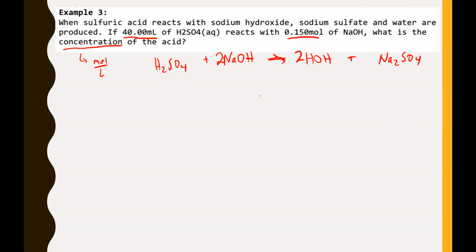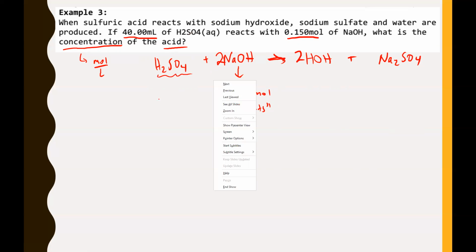No big deal. Now, we do know how many moles of NaOH we have in this case. We have 0.150 moles. Once again, this represents 2 parts. We're looking for the concentration of the acid. The acid in this case is this guy, the H2SO4.